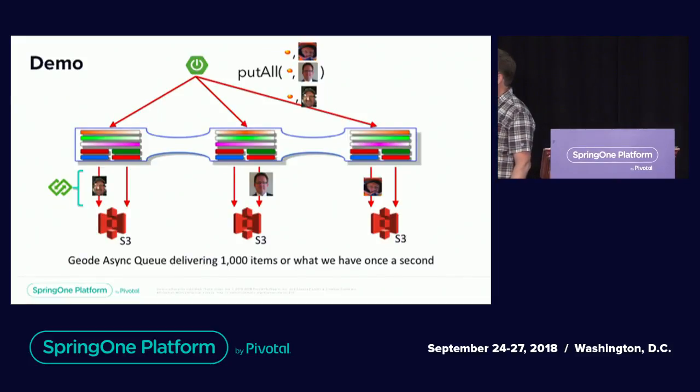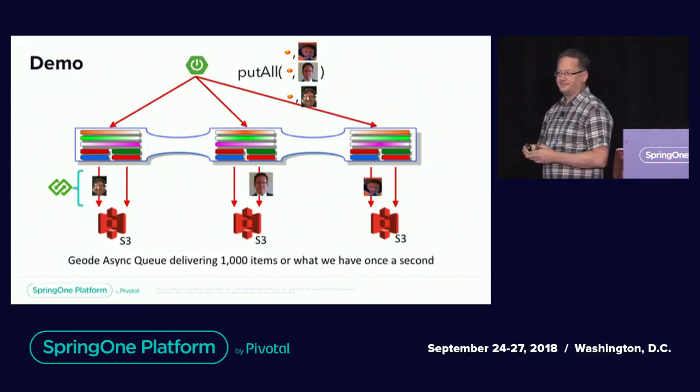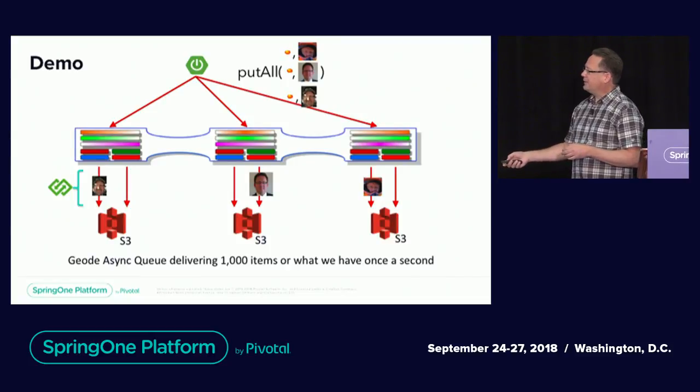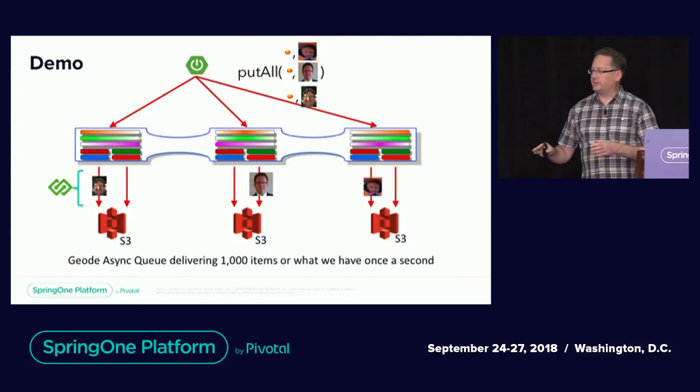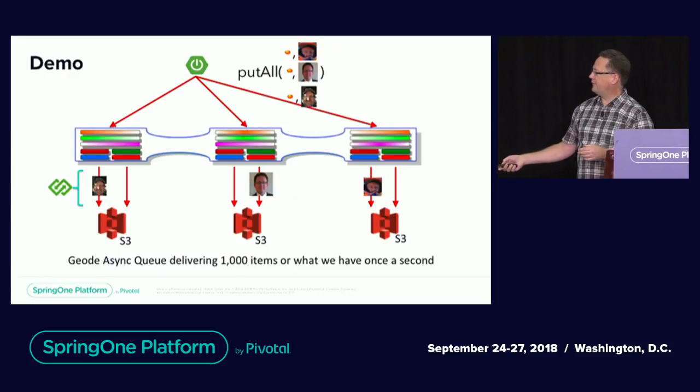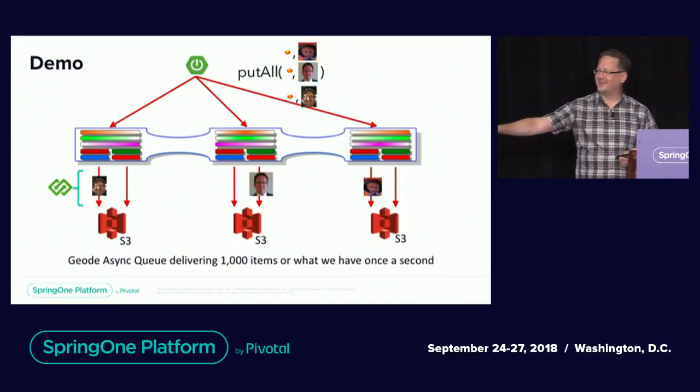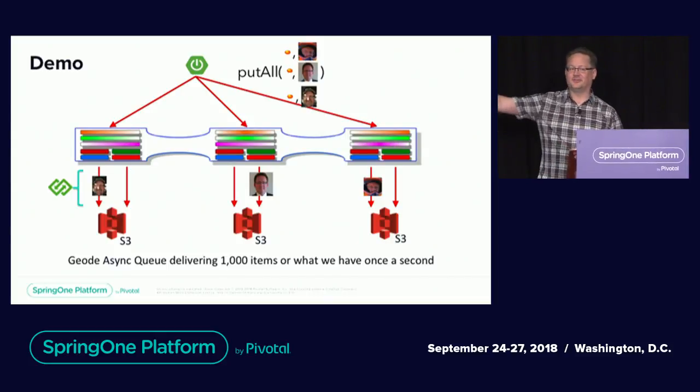And inside of each one of the machines, I've set up a Spring integration flow on every single box. And they're all the same. And at the end of it, it basically sends it out to S3. And I've configured it to go every 1,000 items, or whatever we had in a second, right? So this is a common use case for people to say back up whatever you had coming out of your cache, or getting it out to your enterprise.